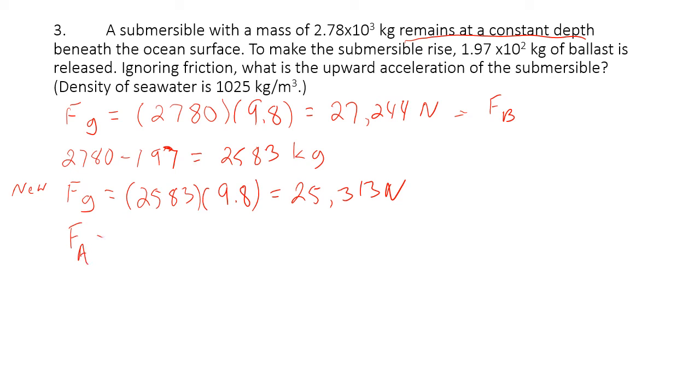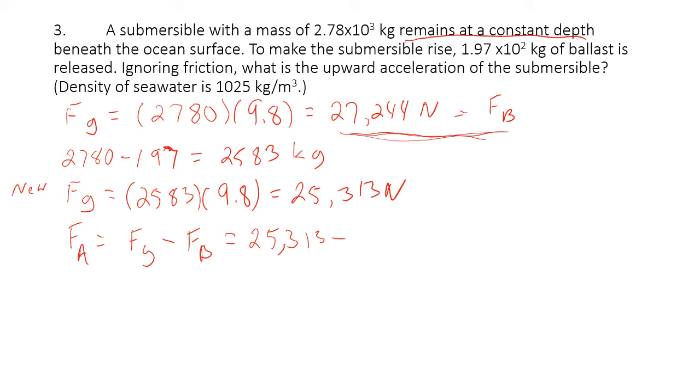So now we can use that to find the apparent weight. The apparent weight is going to be the total force acting on it here. So it's going to be Fg minus Fb. Fg is now 25,313. I will subtract the buoyant force, which is still this number up here.